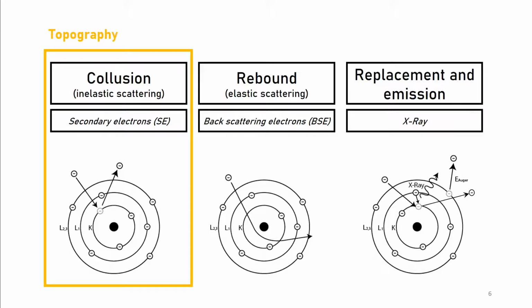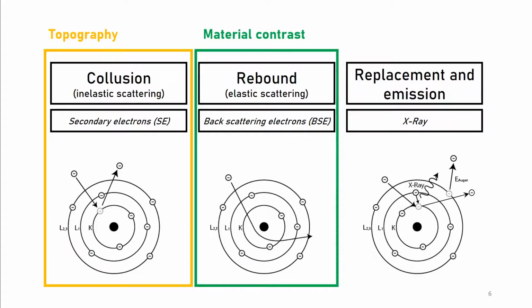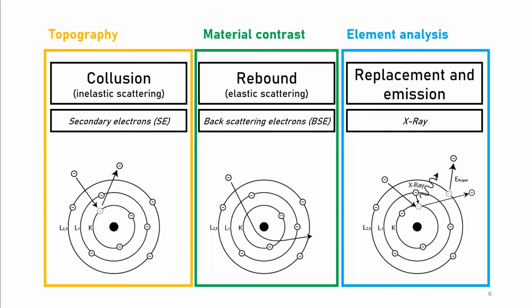Secondary electrons contain information about the topography of a sample. But when your material consists of multiple elements and you want to know how they are distributed, then you use the BSE electron image for that. And if you finally want to know which elements they are, then you look at the X-ray spectrum.